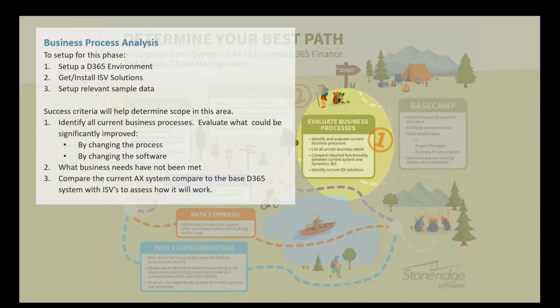So we're trying to identify those processes that are being handled manually or not as efficiently inside of Dynamics AX. And we're trying to then identify what those next steps are going to be for you.